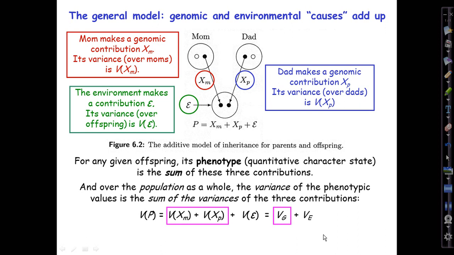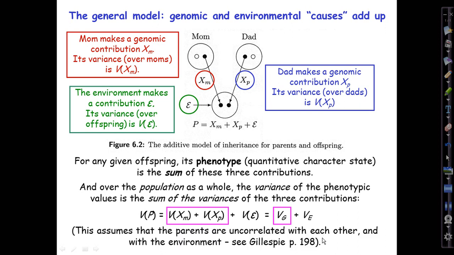Now, an important technical caveat, this additivity assumes the parents are uncorrelated with each other, both in genotypic effects and with respect to environmental effects. Gillespie discusses this on page 198. It isn't necessarily true, and especially in our species, with its elaborate management of environments and so on.